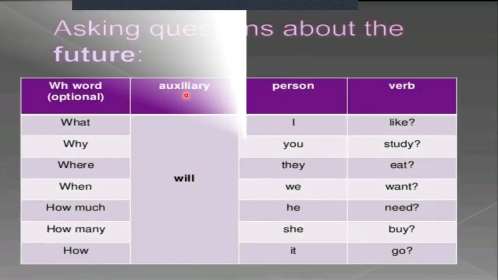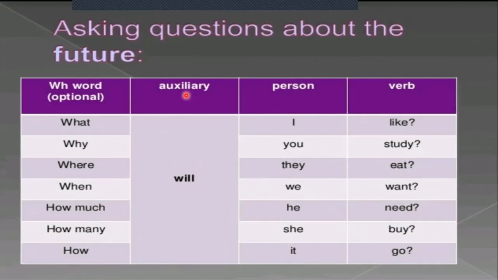Now we will know how to make questions in future tense. Future is always related with will. To make an affirmative sentence in the future tense, زمن المستقبل, we can say I'll travel to London, or I will travel to London.